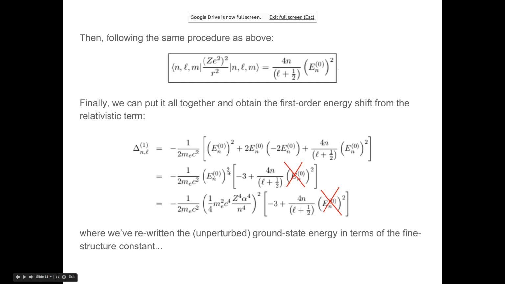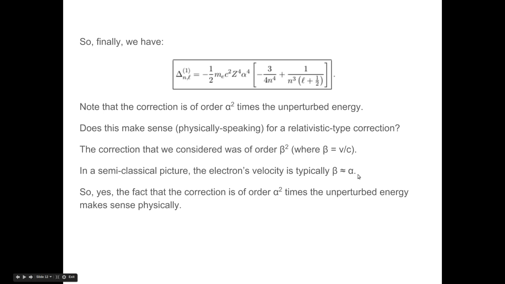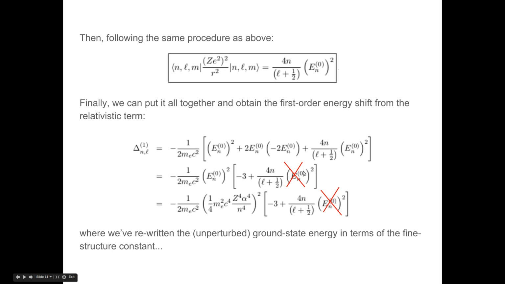All right, so we plug this stuff in, right? We see everything goes like energy squared, so we can pull that energy squared out, and this is where there's a typo, so I tried to mark those out. And we can just do some simplification.